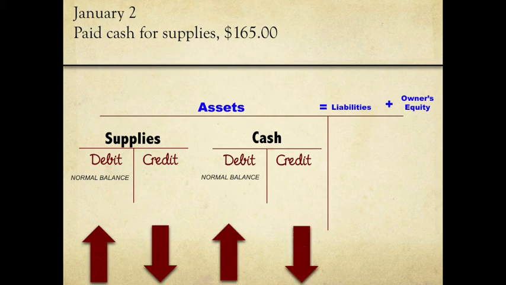So to plug the number in the correct place, if we are paying cash for supplies, that means supplies is going up, so therefore we have to debit our supplies. Cash is going down, so therefore we have to credit our cash.